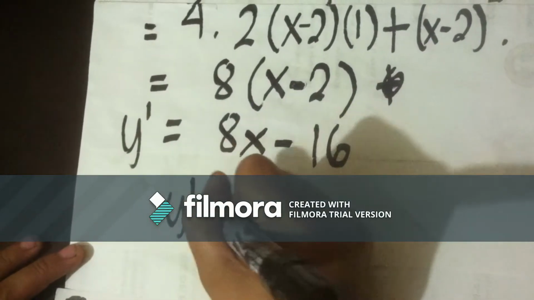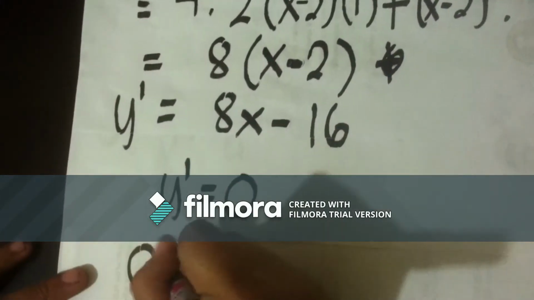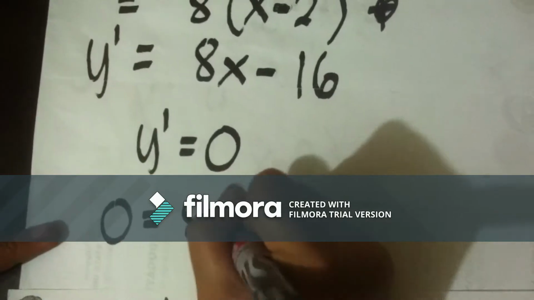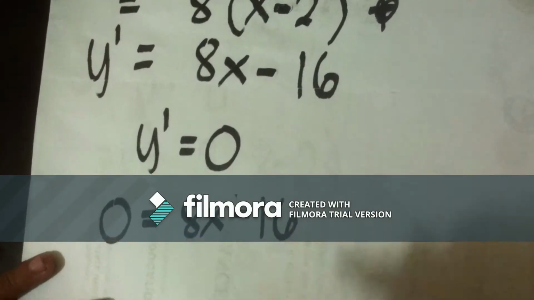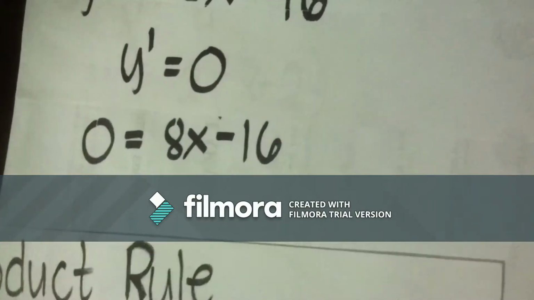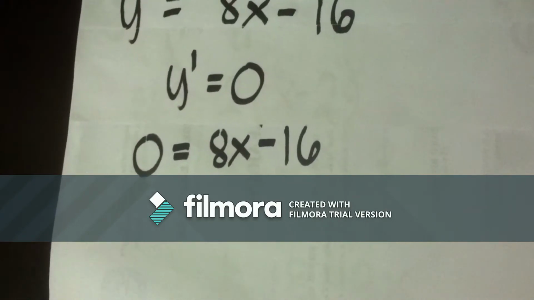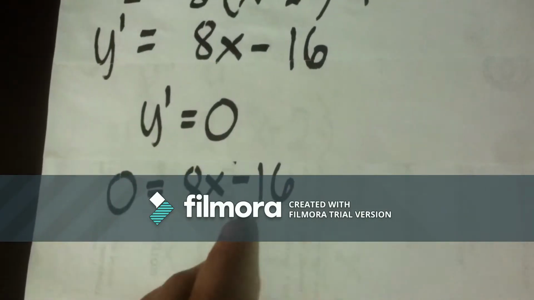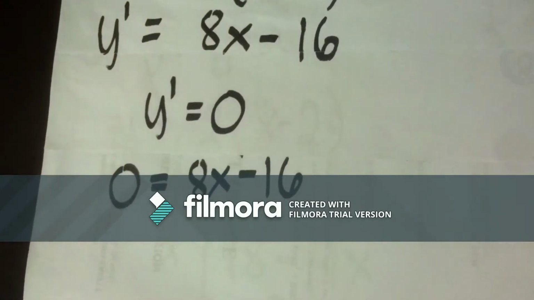So y prime is equal to 0. So here 0 is equal to 8x minus 16. So in this equation, we will think of a way in which we can obtain x. So in order to obtain x, we will transfer either of these numbers to the other side of the equation.